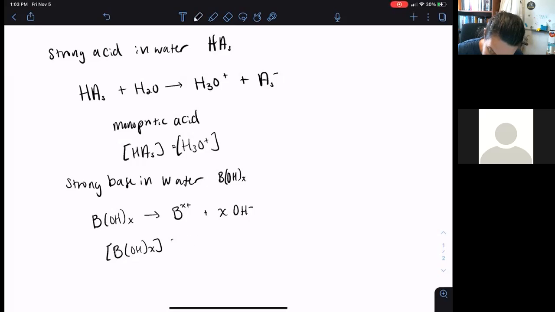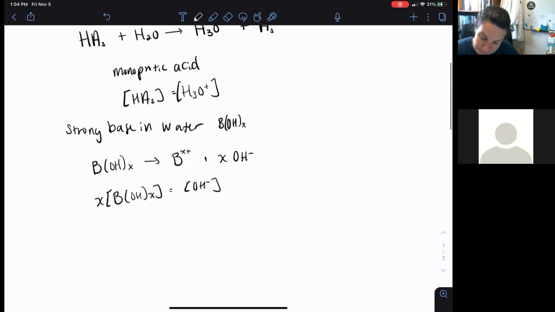Sorry, one second. Sorry. We'll put the X over on this side. A hydroxide concentration, whatever that X is, whatever the magnitude of charge or the number of hydroxides, we would solve for a hydroxide concentration by multiplying our base concentration times that X.